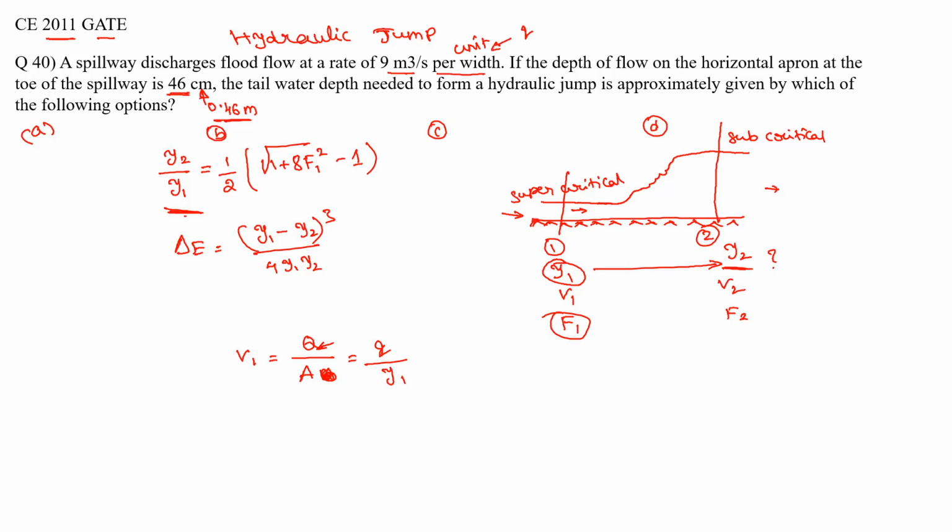This is one hint. When you know V1, you can calculate F1 as V1 upon square root of g into y1, where g can be considered as 9.8 meter per second square, the acceleration due to gravity. Can you quickly substitute this value into the equation and guess the answer?